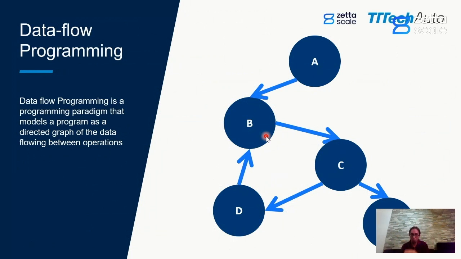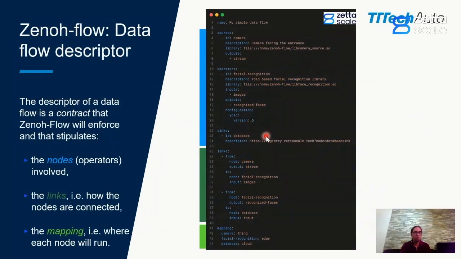So the data flows through the system in a way that it triggers the computation, new outputs are produced, and then it goes on. So Zenoh Flow allows you to express this explicitly, and you already see, if you compare this to before, where we had this complex processing graph, this looks quite similar.